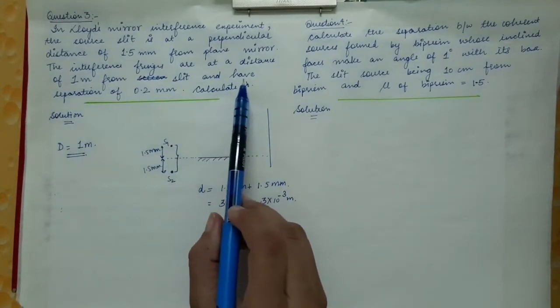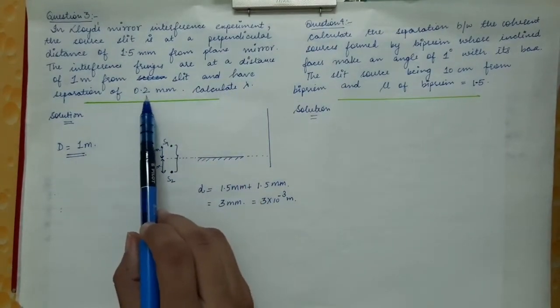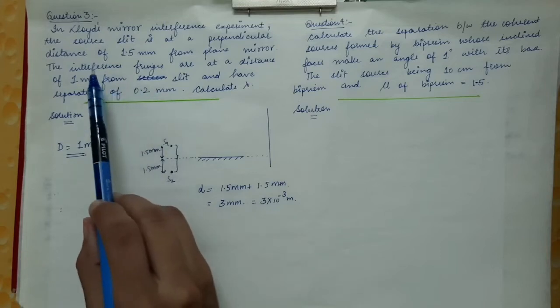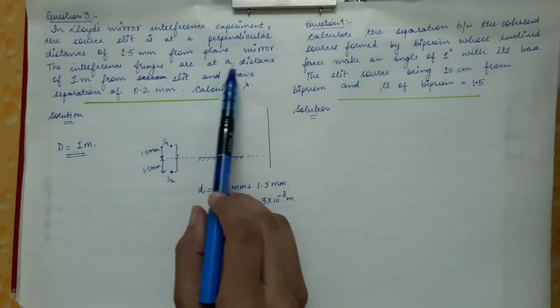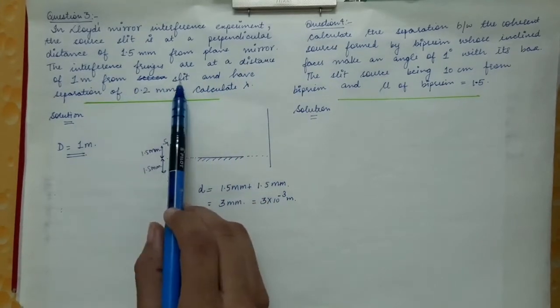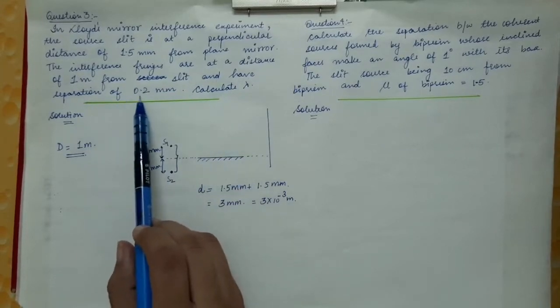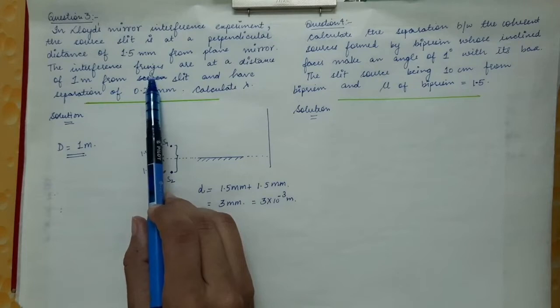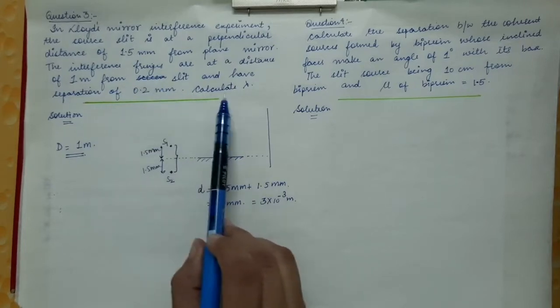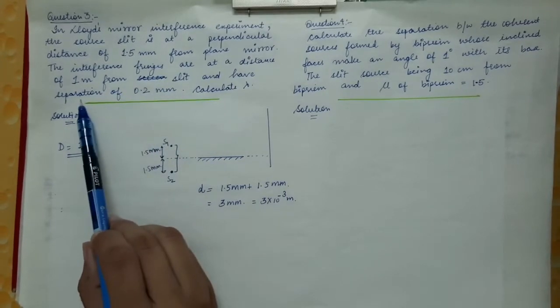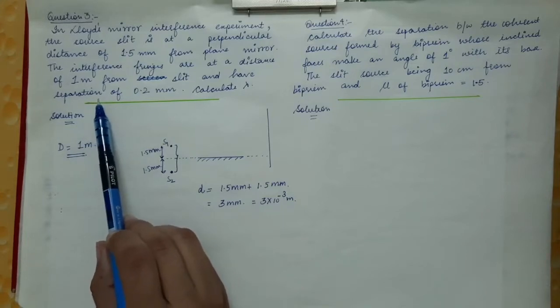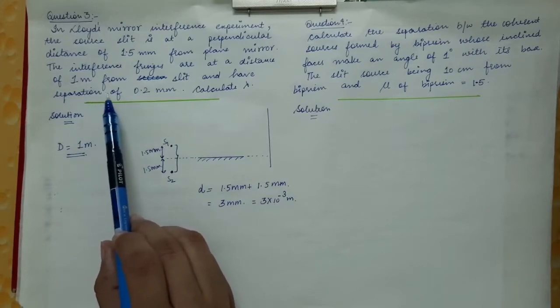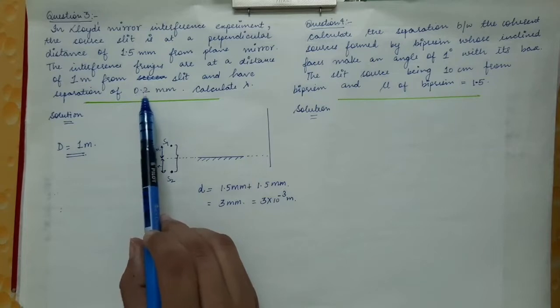And they have a separation of 0.2 millimeter. We are given that interference fringes are at a distance of 1 meter from the slit, and they have a separation of 0.2 millimeter. Now the interference fringes are composed of bright and dark fringes. The separation between two consecutive bright or dark fringes is equal to 0.2 millimeter.